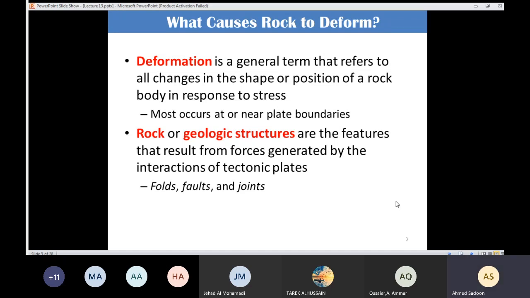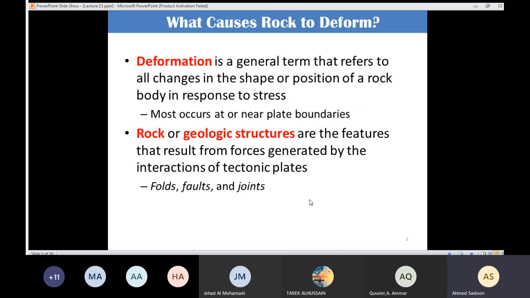And in order to have deformation, like I said, we need to have stress. And as you might have guessed, the stresses must occur at or near the plate boundaries. Why do you think these stresses are going to take place at or near plate boundaries?